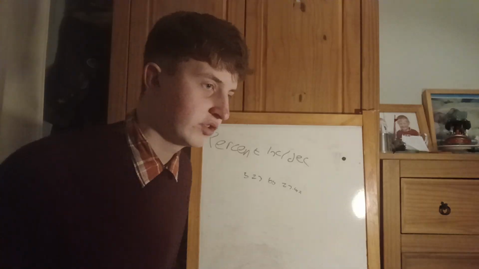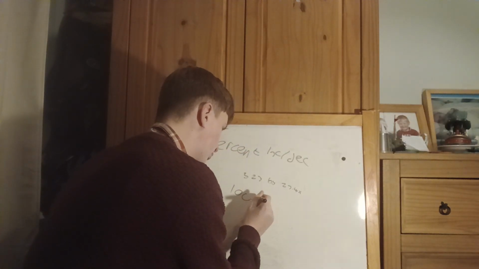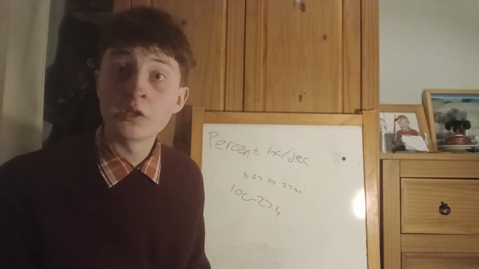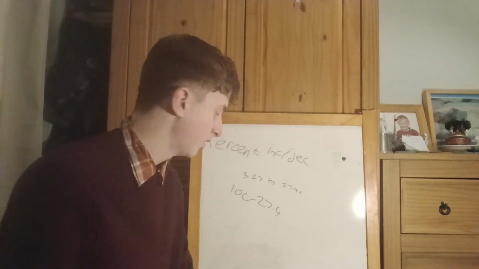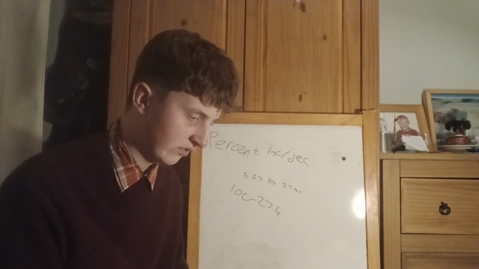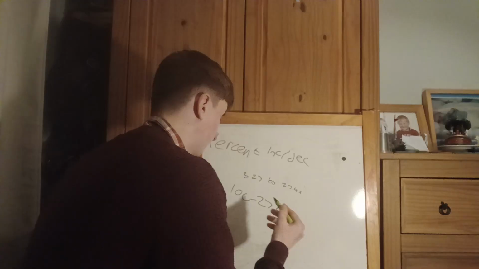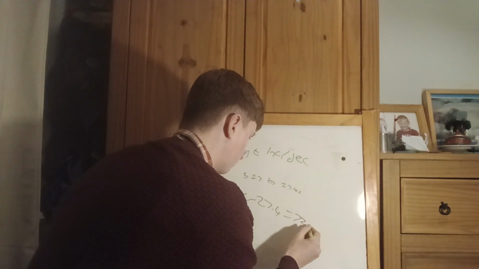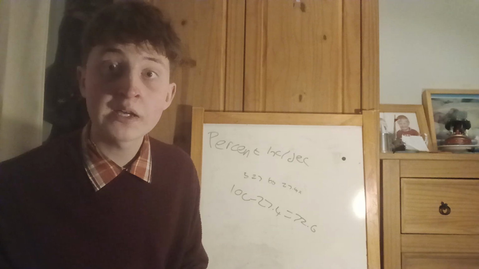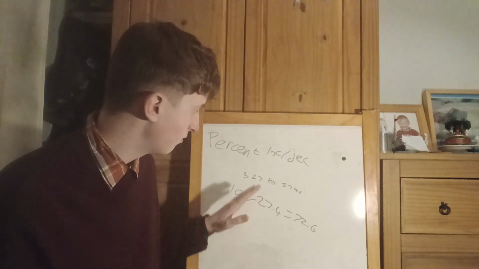So for this one, we're going to do 100 take away 27.4, which gives us a nice number of 72.6. This number is important because it is what we're going to type into our calculator in order to decrease.